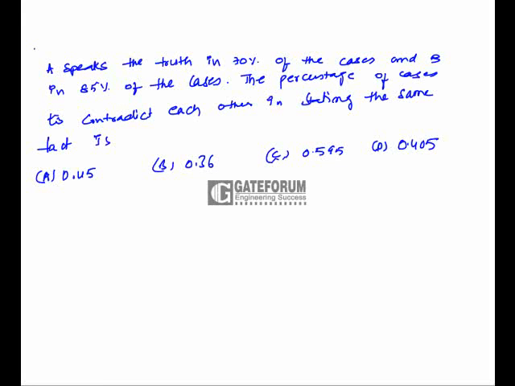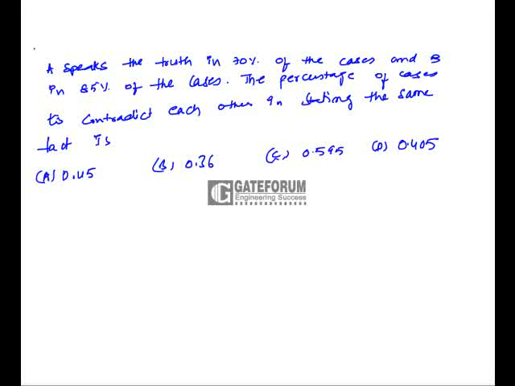A speaks the truth in 70% of the cases and B in 85% of the cases. The percentage of cases to contradict each other in stating the same fact is option A 0.45, option B 0.36, option C 0.595, and option D 0.405.